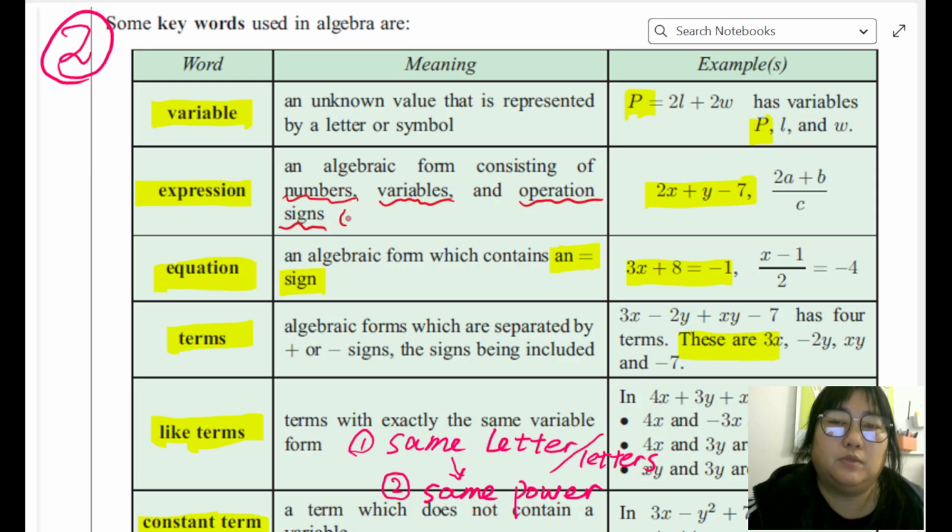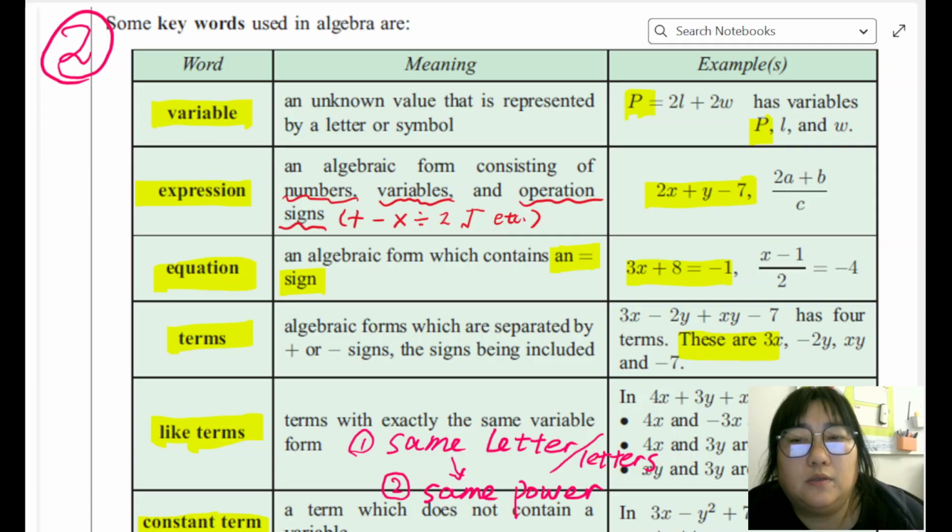The operational signs are plus, take, times, multiply, or even the square, the index, or the square root, this kind of thing. All these operation signs, numbers and variables combined together make an expression. Here we have the operational signs plus and take, the variables y and x, the numbers 2 and 7, and that's it, okay?